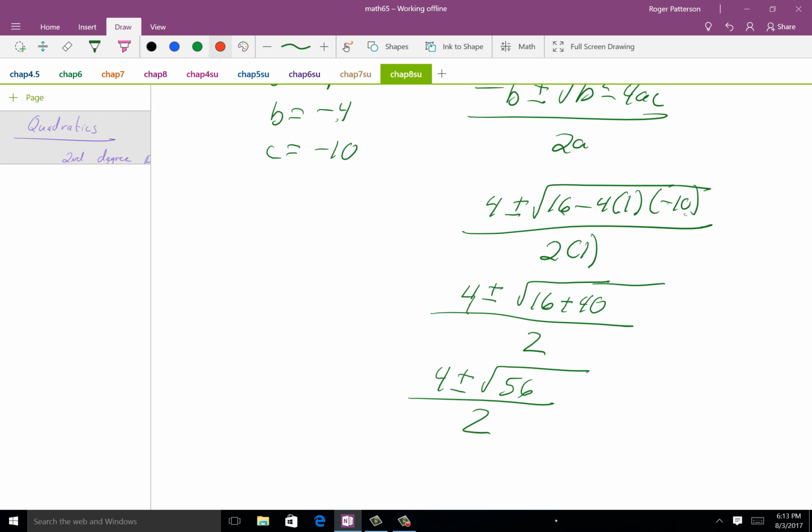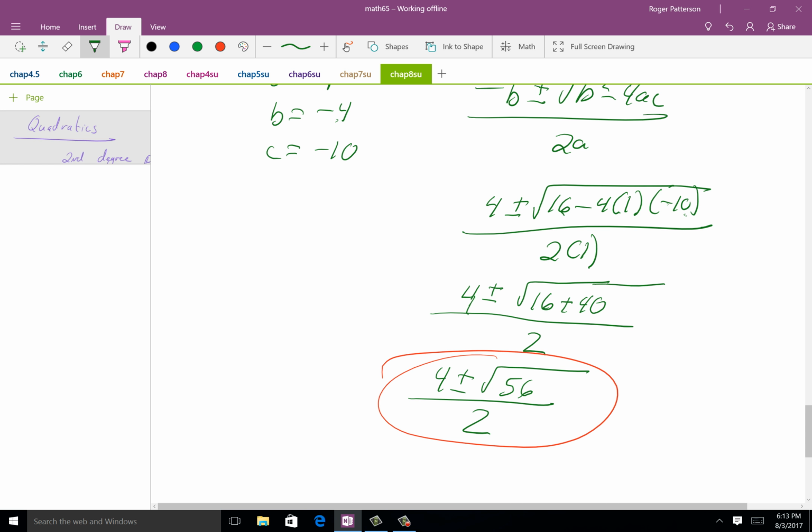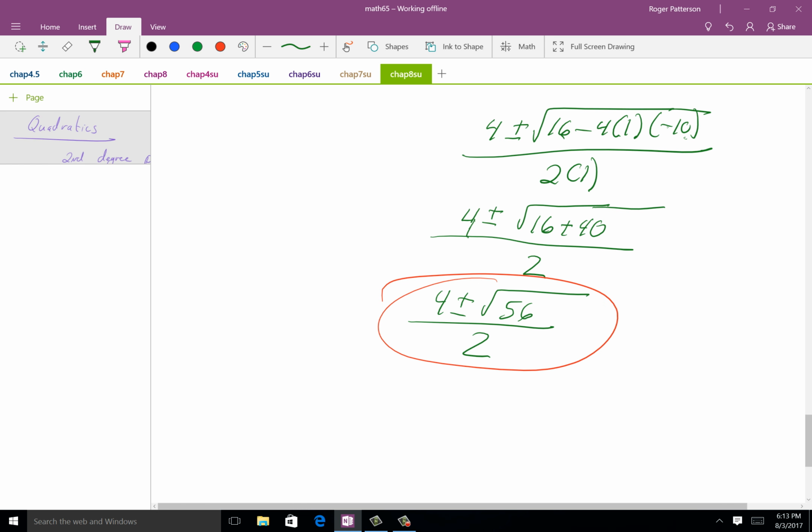Now, this is an acceptable answer for me, but it might not be an acceptable answer if you're taking Math 95, so you should probably break down that 56, if it can be.